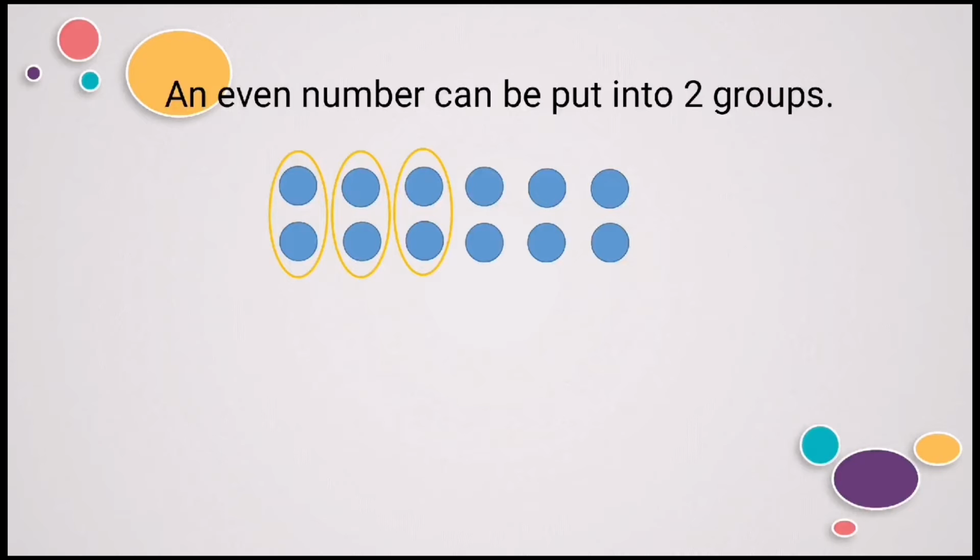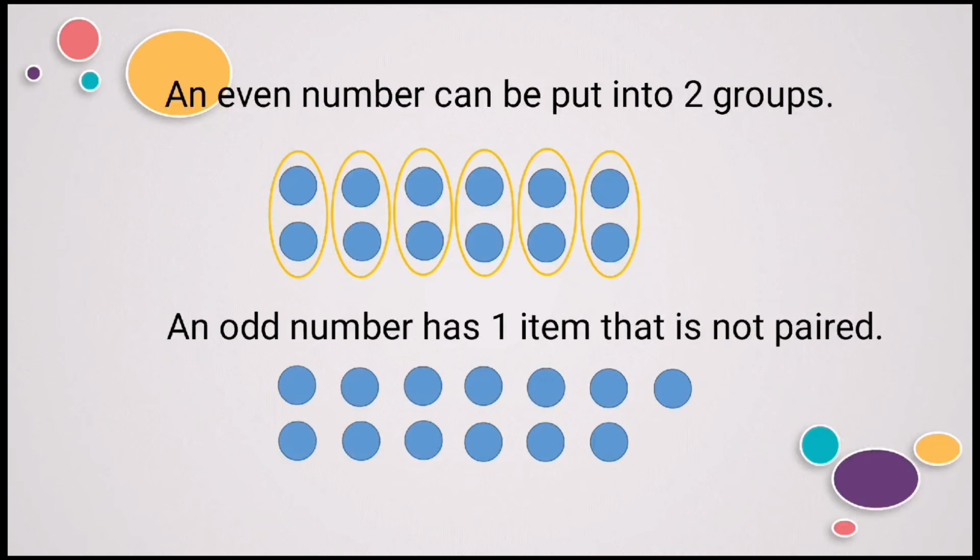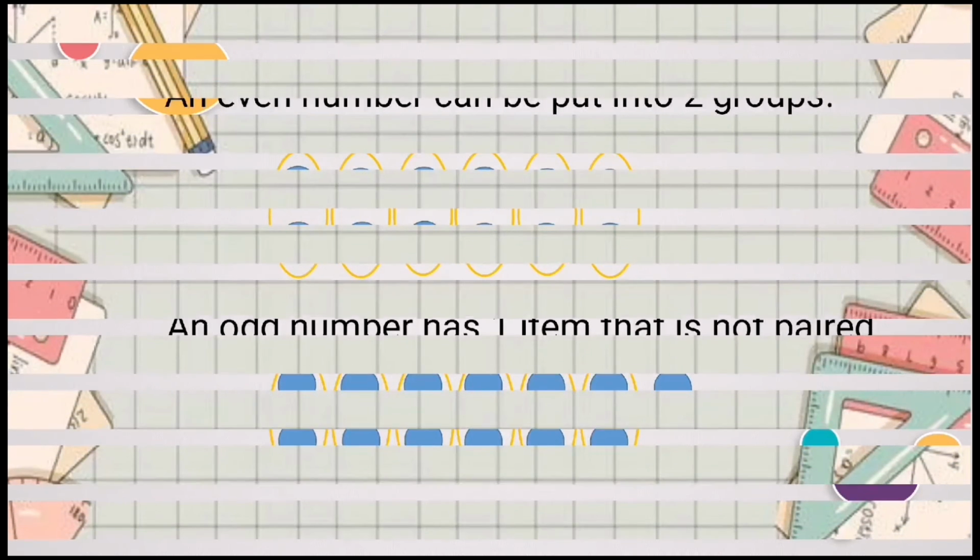They are paired with each other, while an odd number has one item that is not paired. Let's take a look at it. An odd number has one item that is not paired. This one. So it is an odd number. 2, 4, 6, 8, 10, 12, and 13. So 13 is an odd number. Okay? Do you understand?